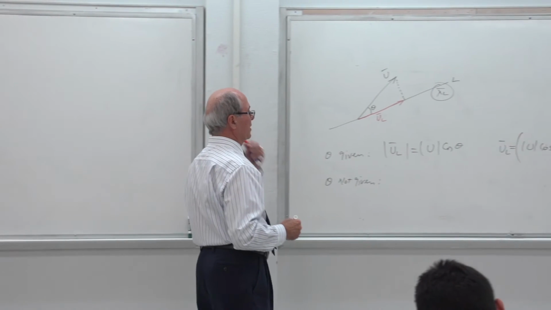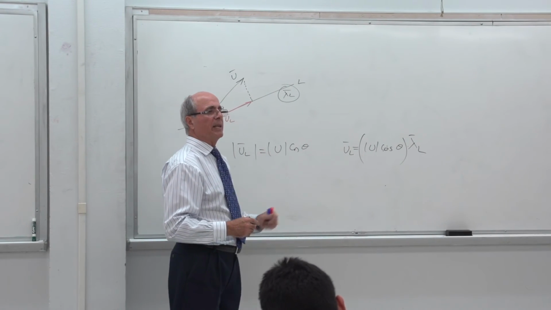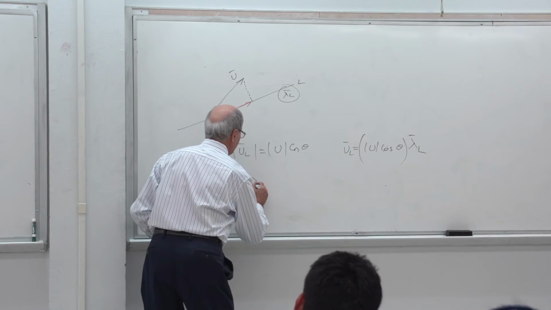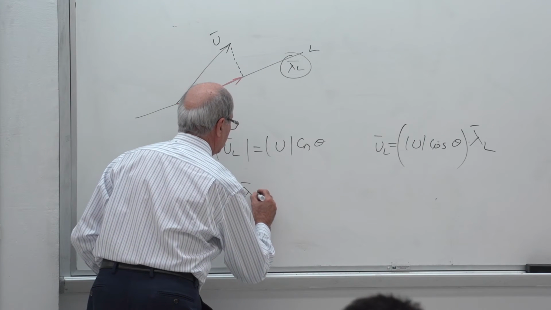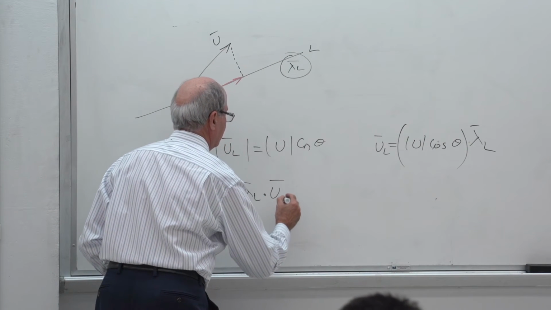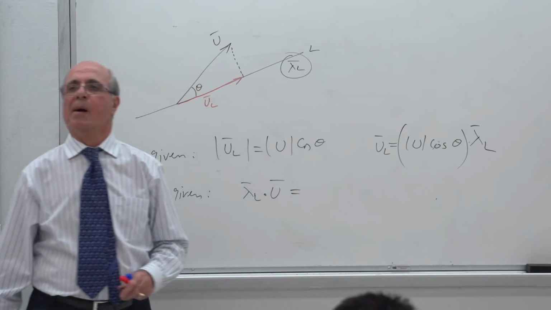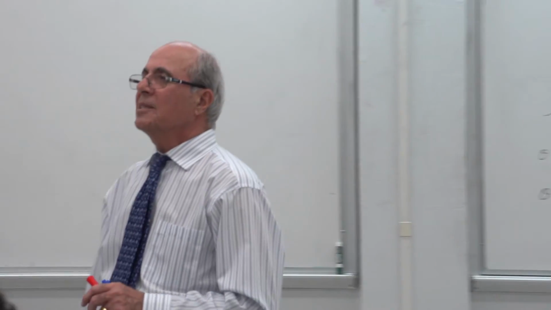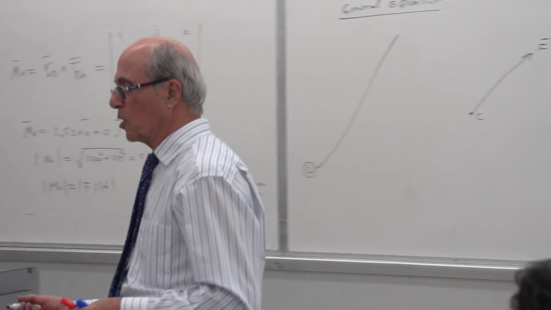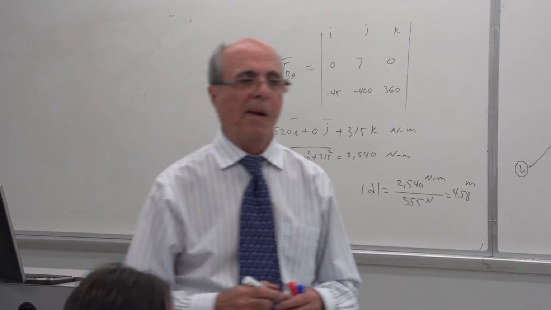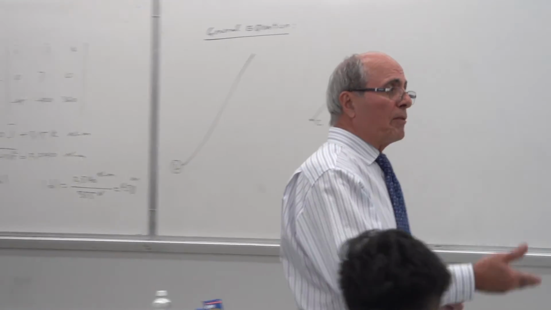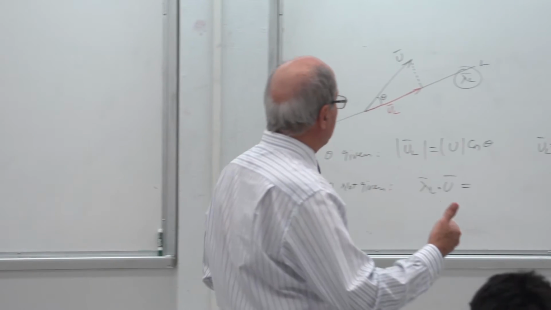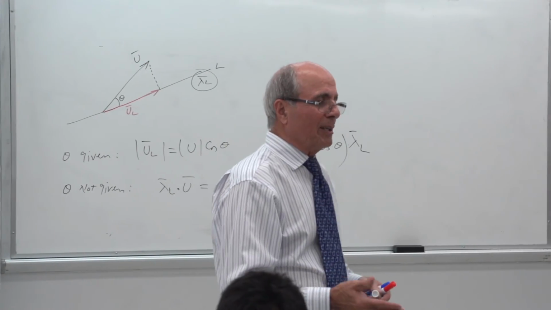Now, theta is not given. I'm looking for U cosine theta. Can I use lambda L dot product with U? Is this the dot product? What's the dot product of A and B by definition? Magnitude of the first one, magnitude of the second one, times what?